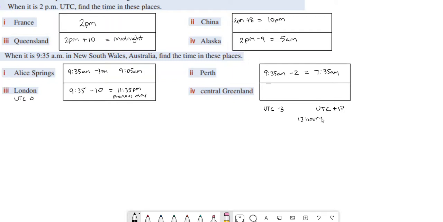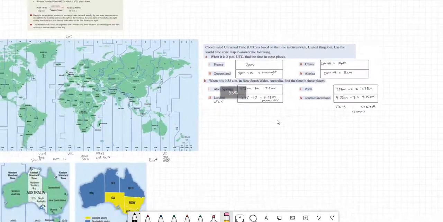So Greenland is going to be 13 hours before 9:35 a.m. So minus 13 hours from that. If I minus 12 hours from 9:35 a.m., it'll be 9:35 p.m. the previous night. And another hour would take it to 8:35 p.m.